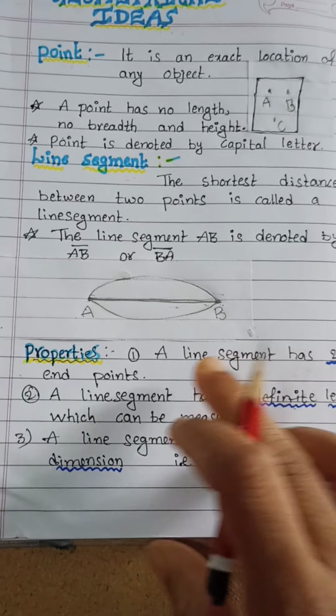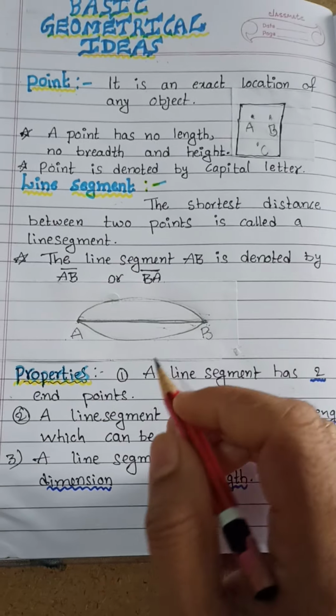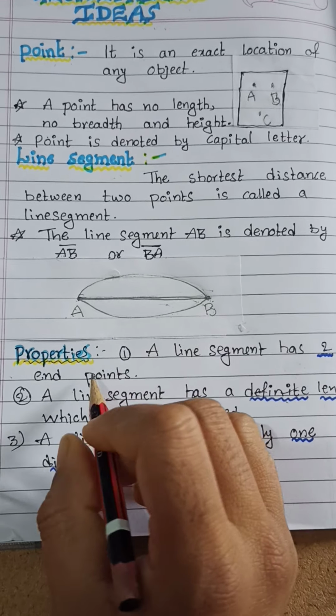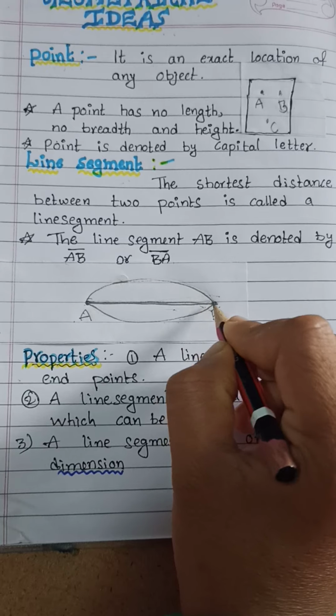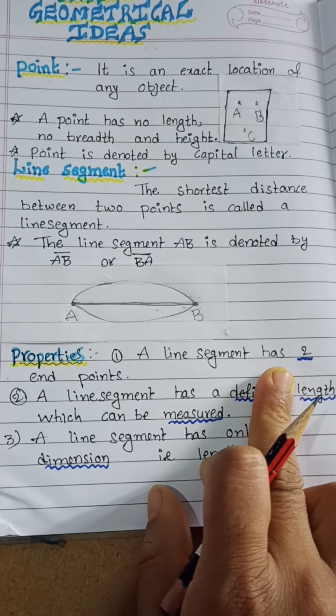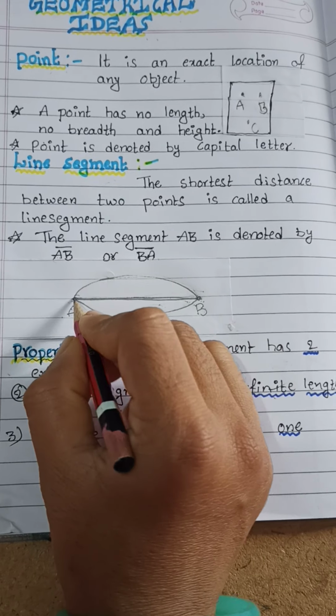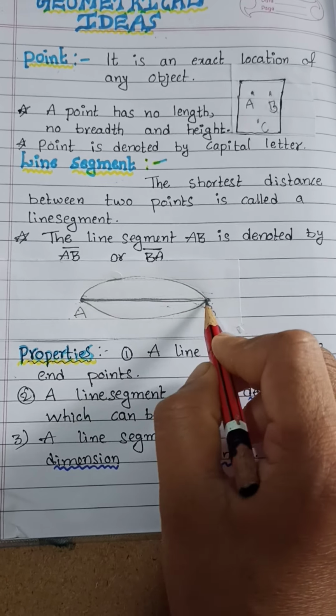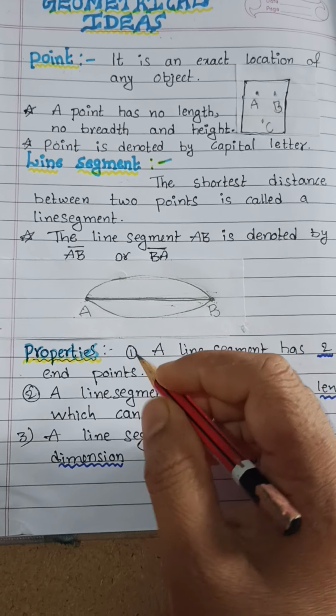Now properties. Here see, it is a line segment. How many endpoints does it have? Here 1, 2. A line segment has 2 endpoints. Here we can measure the length of this line segment by using a ruler.